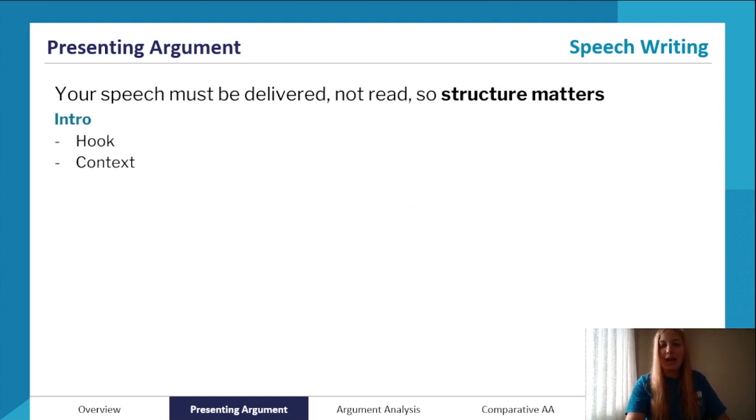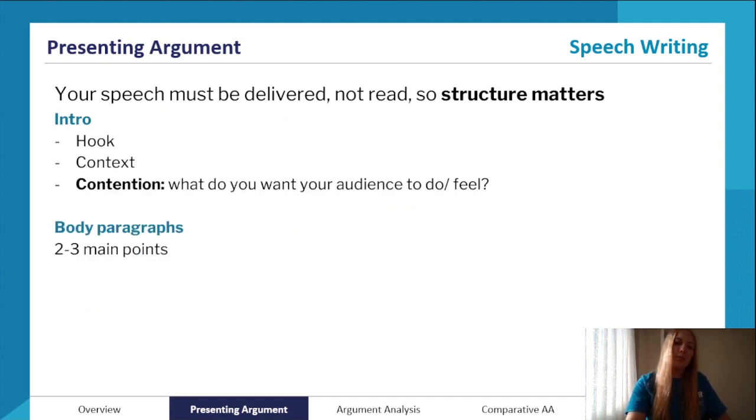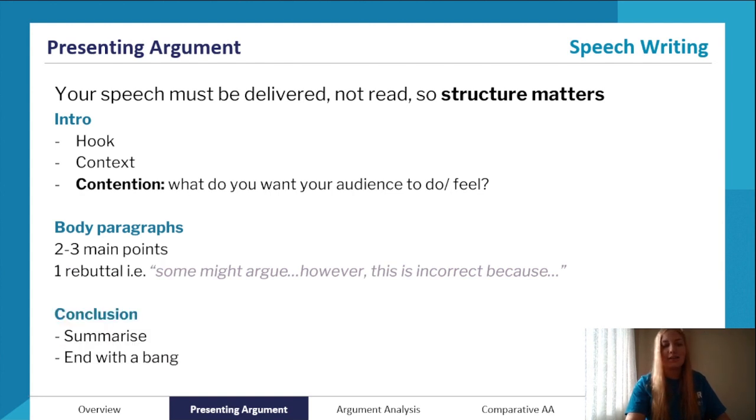So in terms of writing your speech, of course, you might be thinking, how do I structure my oral to make it engaging and to make it good? For your introduction, you want to start with some kind of hook to engage your audience straight away. Don't just start with the background information around your issue, because that won't be impactful and it will be a bit boring for your audience.